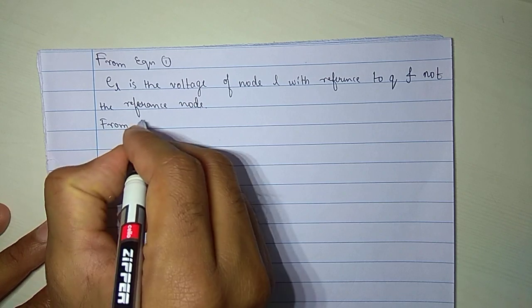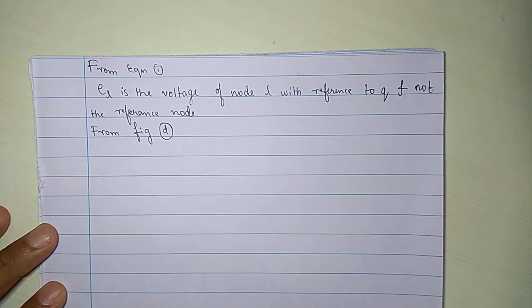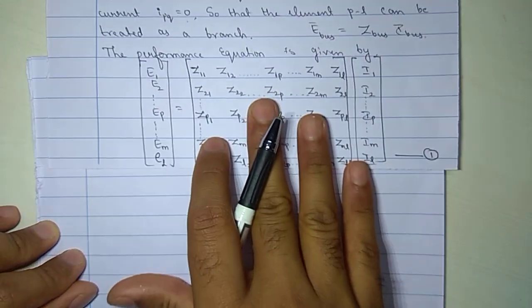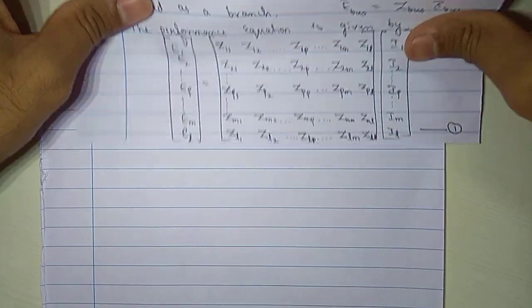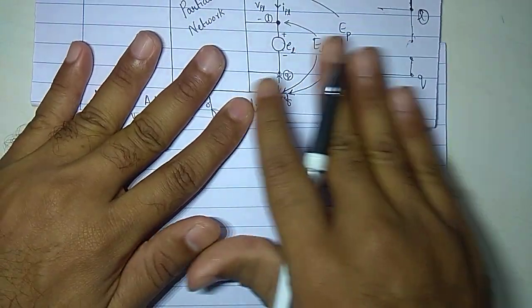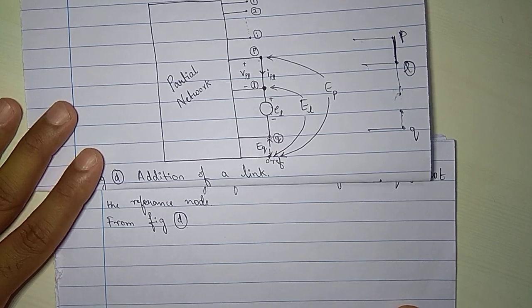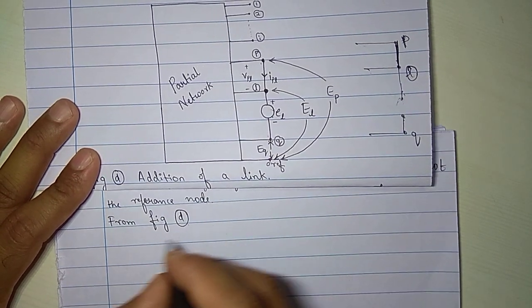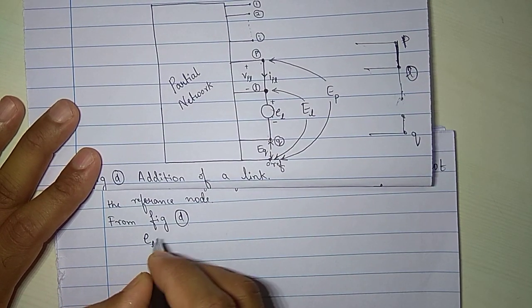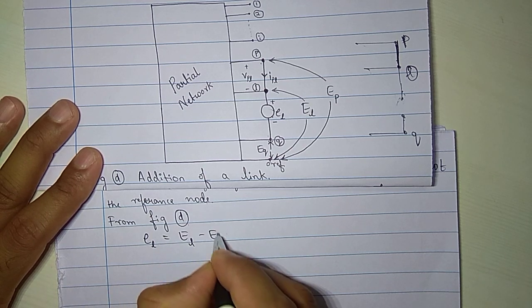The same way I have written. Again, look at figure D once again. From figure D, can I write E suffix L equal to EL minus EQ?